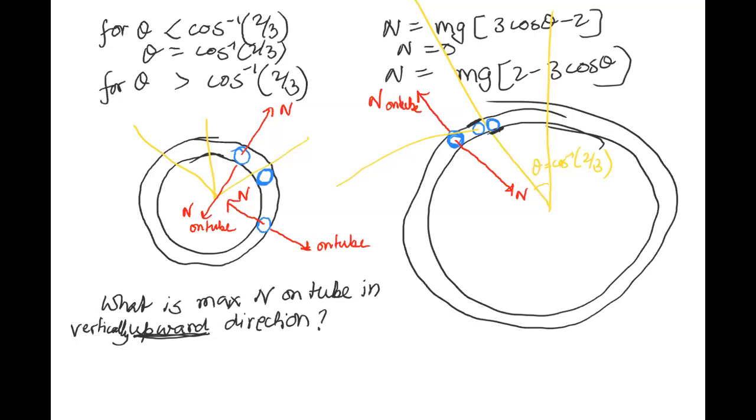What will be the maximum normal reaction on the tube in the vertically upward direction?